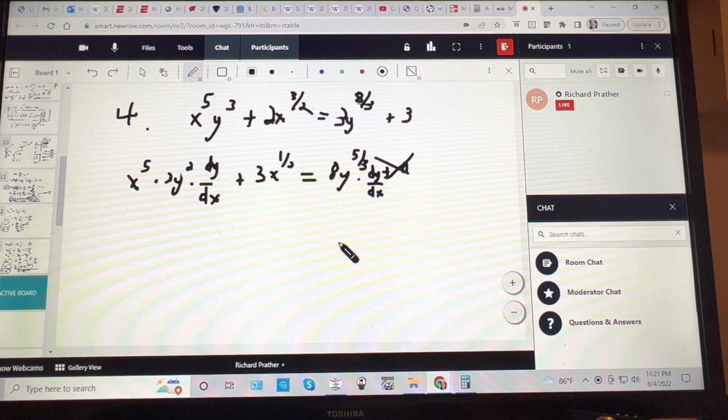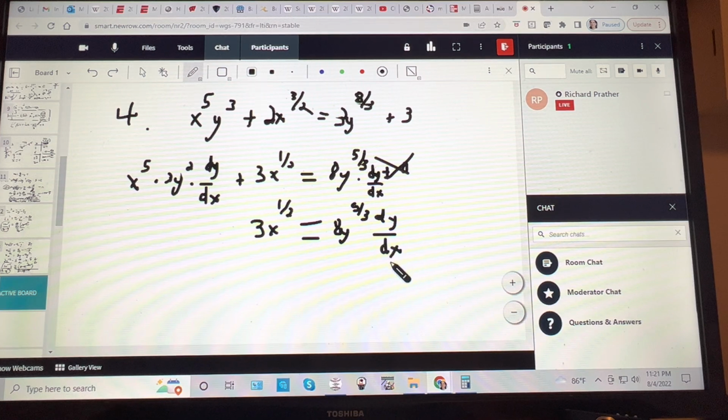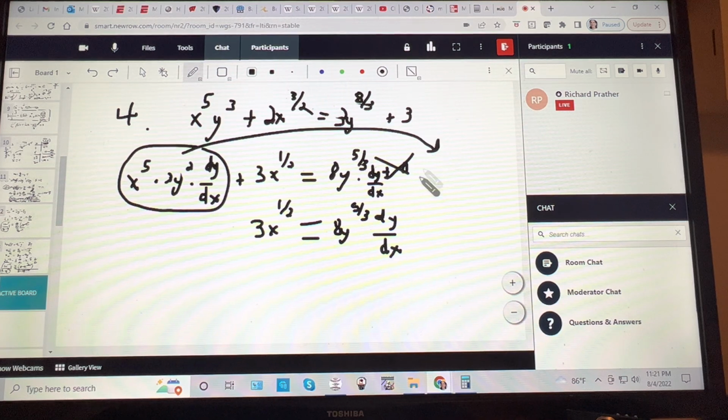Okay, here's a quick thing I could do, I like to put the equal down. And I'm going to leave the 3x to the 1 half here. That'll be the only term without a dy dx attached to it. I'll leave this one here because it's got dy over dx on it. And then all I got to do is subtract this one over to the other side. Well, we can clean that up and put 3x to the 5th y squared all together.